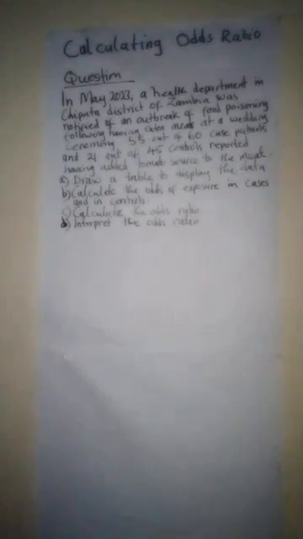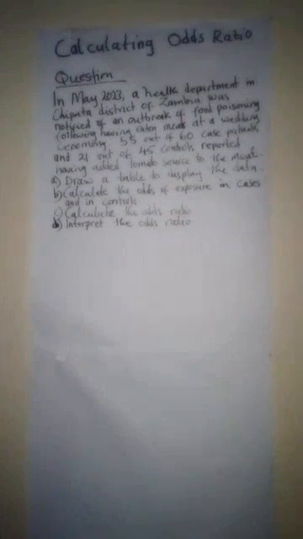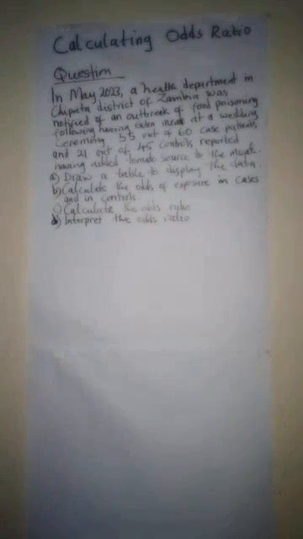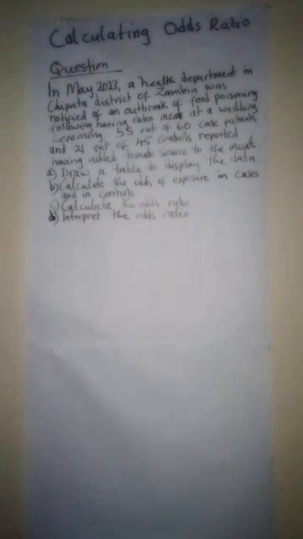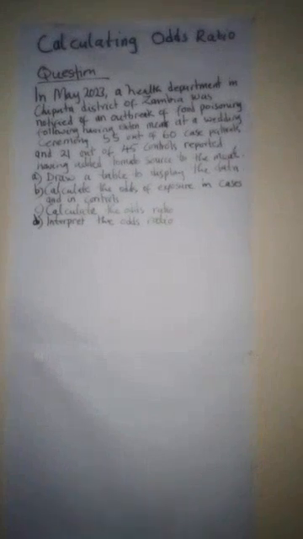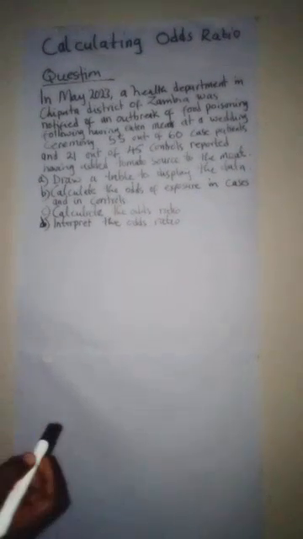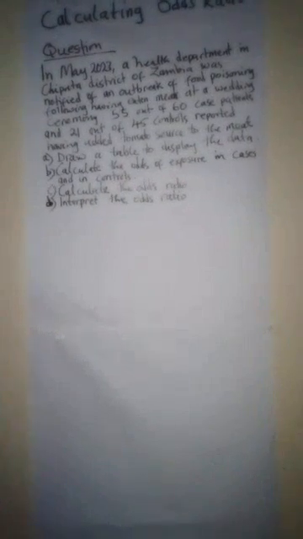Then an odds ratio of greater than 1 will indicate that there was a relationship between exposure and the disease, depending on how much. For example, an odds ratio of 7 would indicate a strong relationship, whereas an odds ratio of maybe 1.2 would indicate a less strong relationship between exposure and the disease.